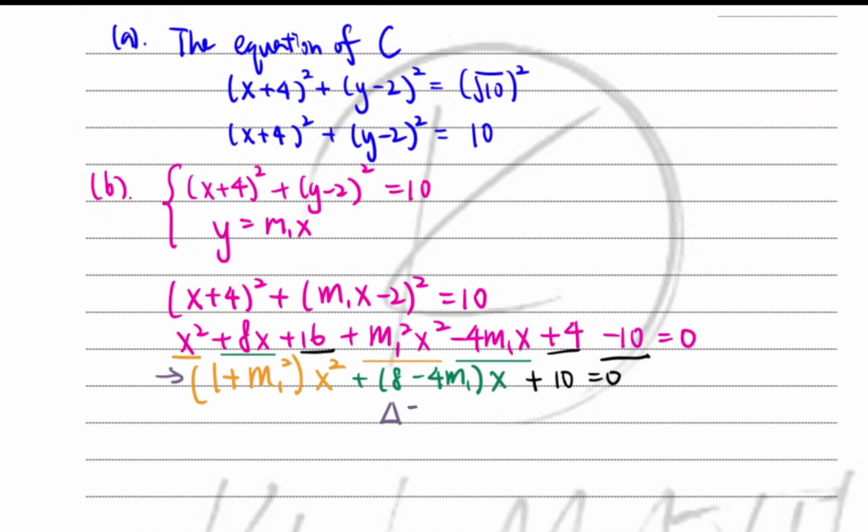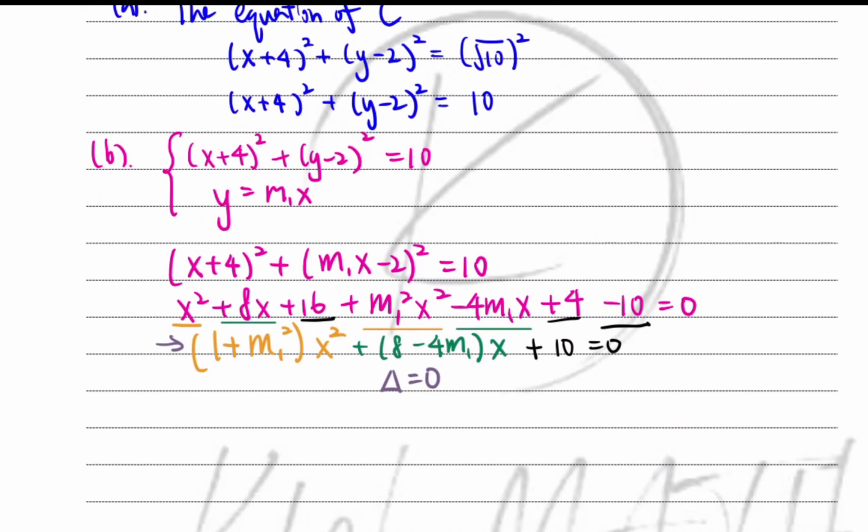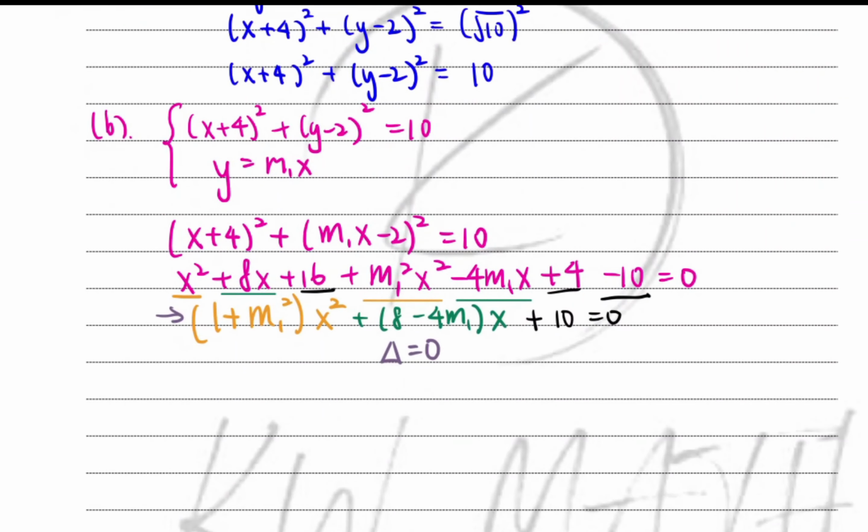Therefore, next line, delta equals 0 because it's a tangent to the circle C. For delta, b² - 4ac equals 0.